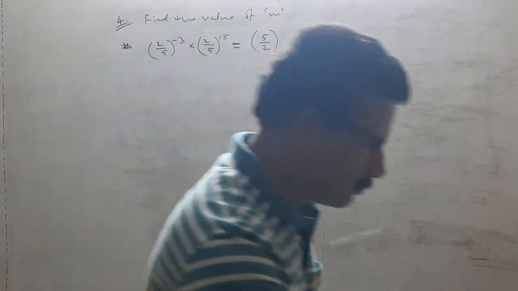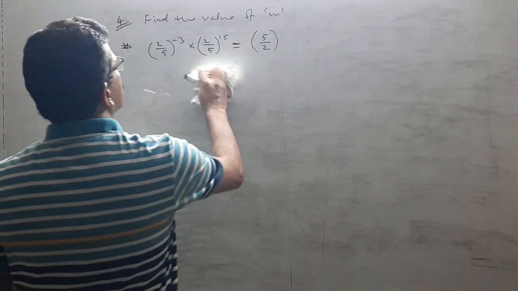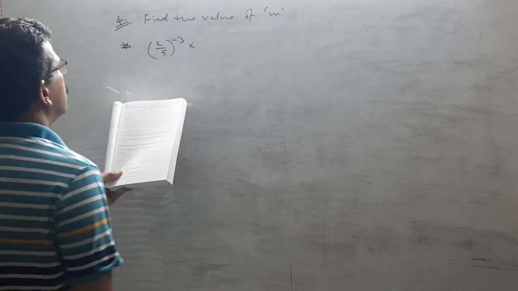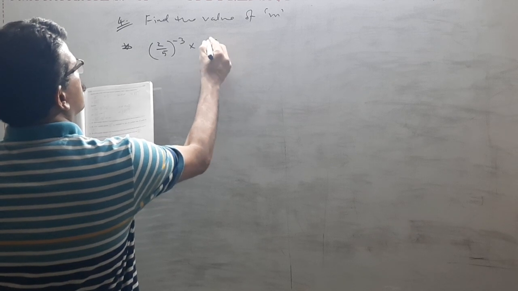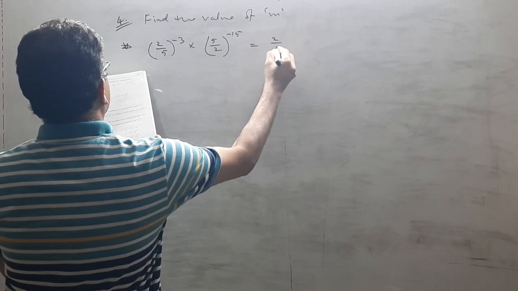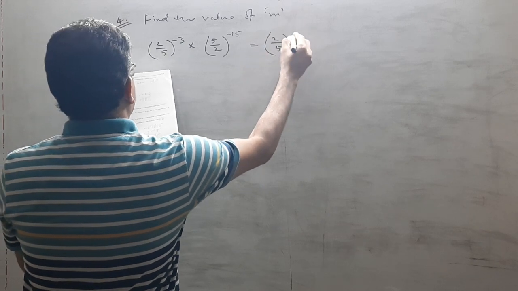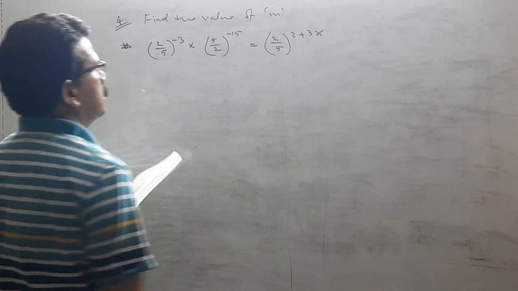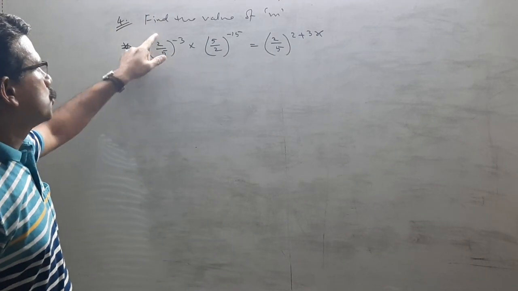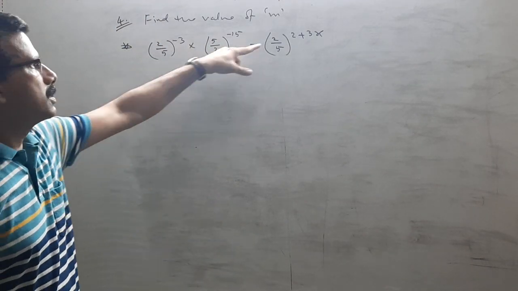I will change it, this will be a little different. I will make it (5/2)^-15 equal to 2 by 5. Okay, a little bit different. Here 2 by 5, here 5 by 2, here 2 upon 5.